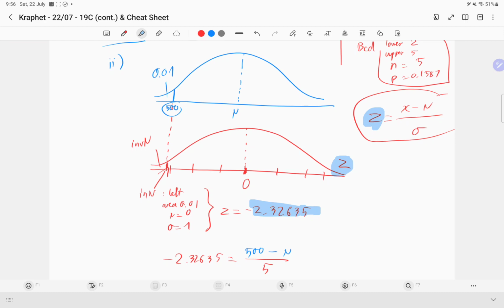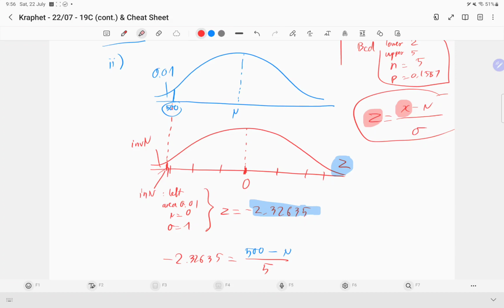Normally, if you don't have the mean, you can get the X value and they give you the area, so you can get the Z value. They have that formula in the sheet, right? X take away mean over standard deviation.